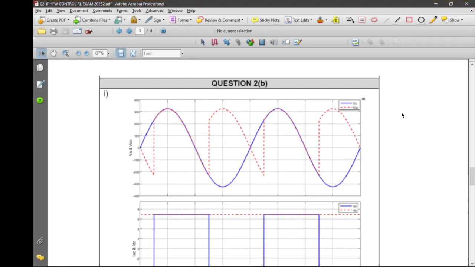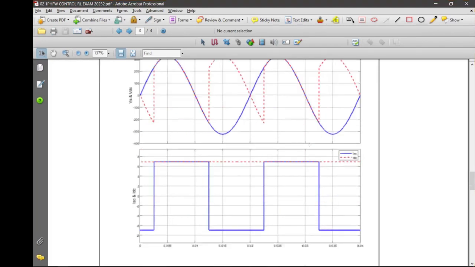You don't have to worry about continuous or discontinuous, because it's mentioned that firstly we consider a highly inductive load, so we have a constant current at the output. Okay, so that's why we have this waveform. Next is to draw IAC and IDC.